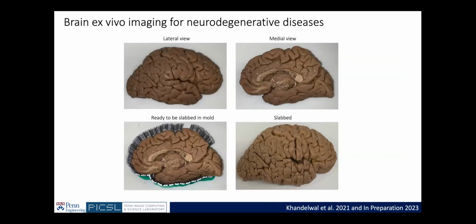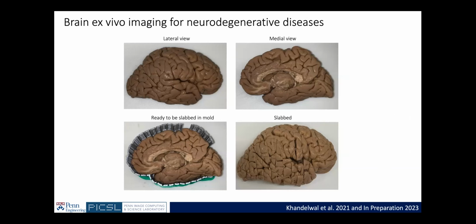So the last example of why nnU-Net is really good. This is again data at Penn where we have ex vivo images acquired from brains. These are brains of people who passed away due to neurodegenerative diseases. This particular patient had Alzheimer's disease, and this is their brain.